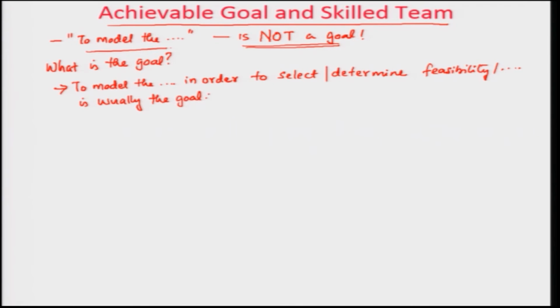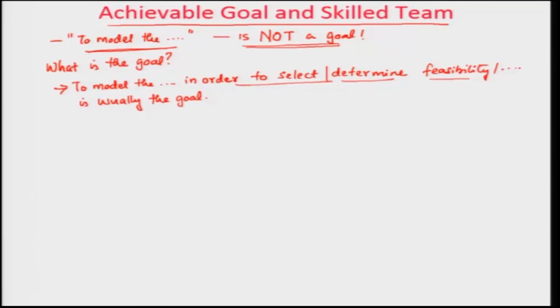You are never doing business simulation just to model the system. You are doing the model in order to select or determine the feasibility of adding another server or building a new facility, increasing the production, reducing the cost of production. There are quite a lot of ways you can think about it. This determination of the feasibility and aspects needs to be clearly spelled out, because this is the objective or the answer that you need.